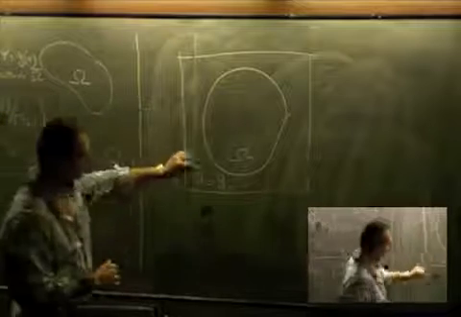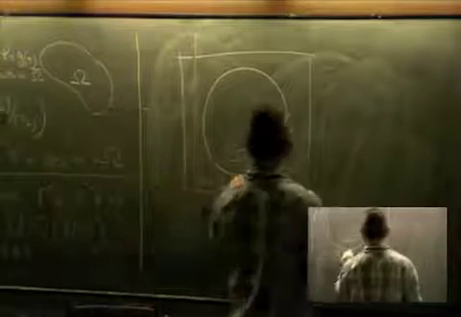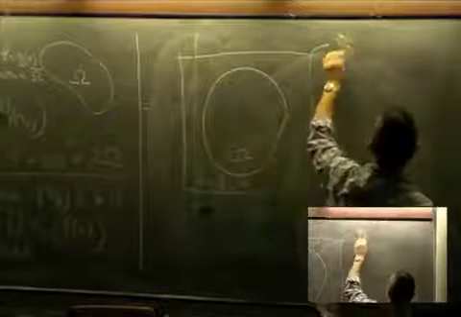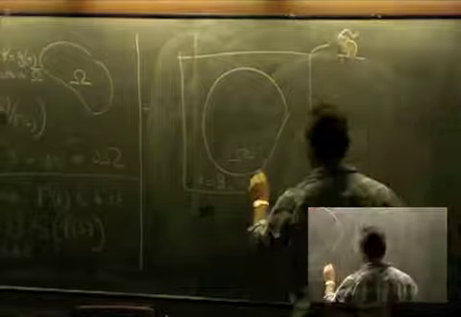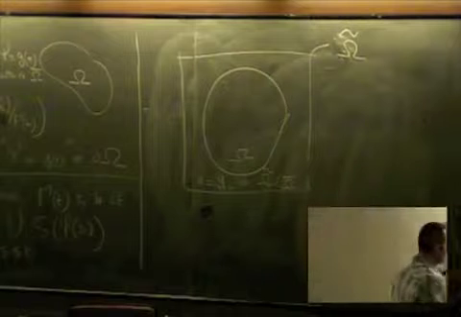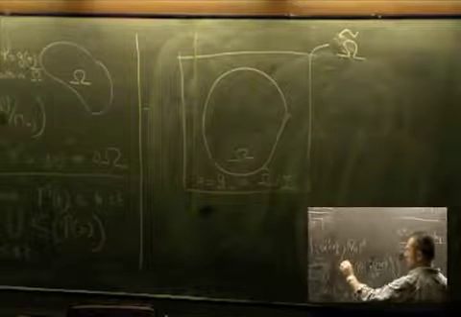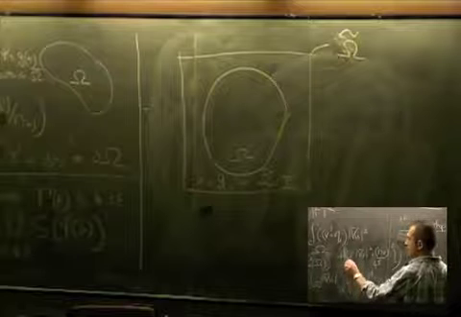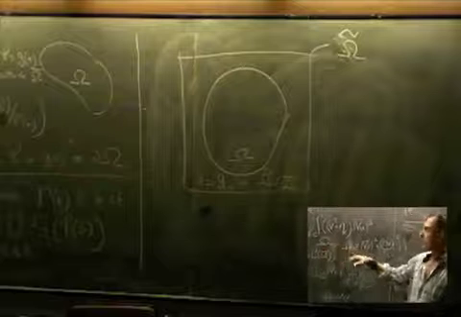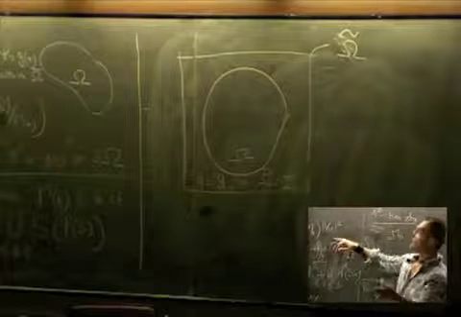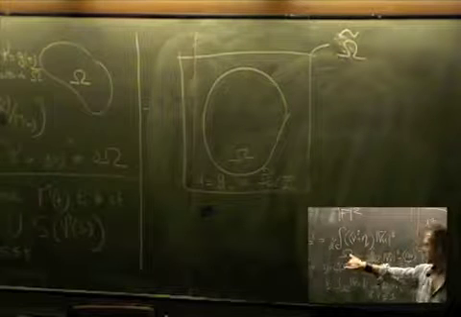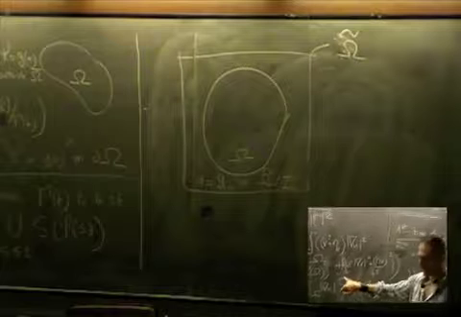So u equals g0 on omega tilde minus omega bar. And this term here I put on omega tilde. But that term I only compute on omega, because otherwise I would be adding essentially a constant.